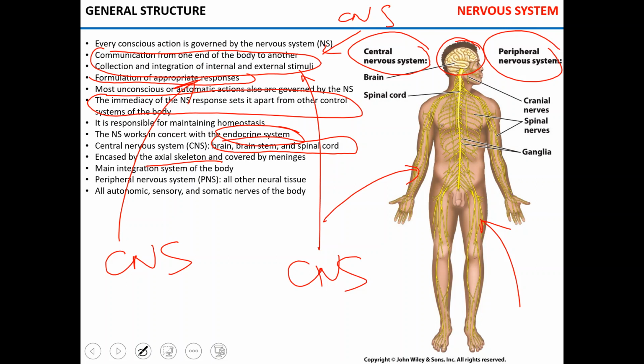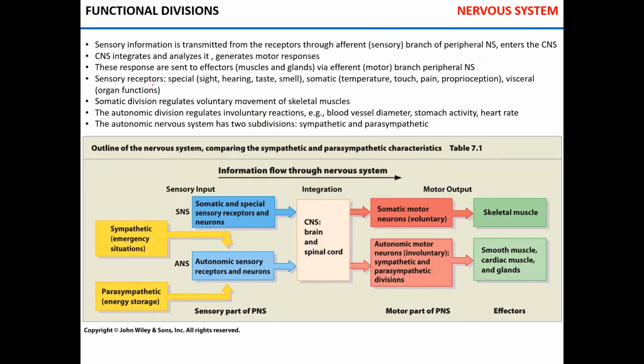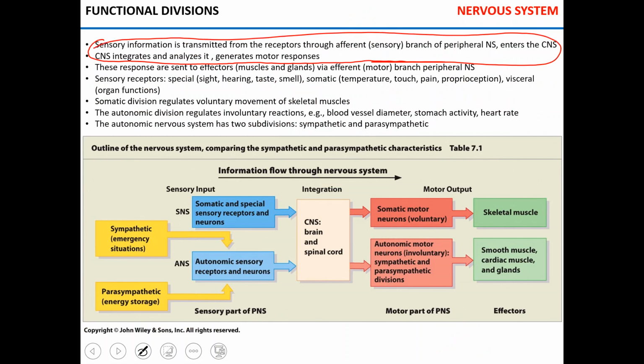Then the peripheral nervous system transmits that information to the CNS. The central nervous system collects all this information, integrates it, produces the appropriate response, and the peripheral nervous system then delivers the motor responses from the CNS to all the effectors such as muscles and glands. So this exemplifies the role of the peripheral and central nervous system.